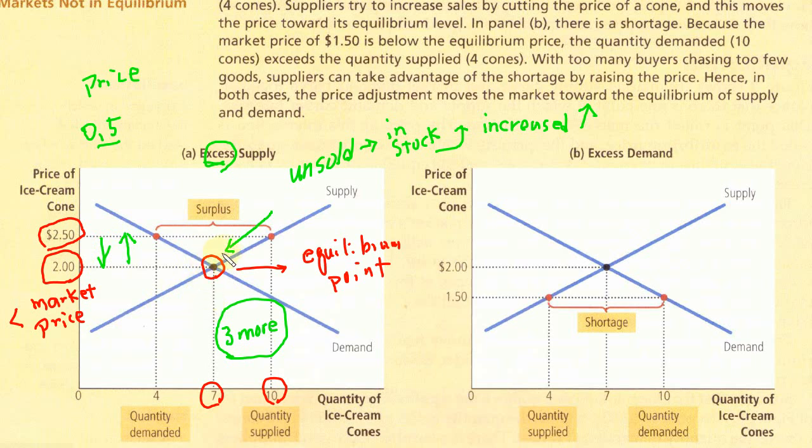Okay, this is an automatic function in the market. Once there is excess supply, the supply will be back to the equilibrium point, because they will increase their deficit.